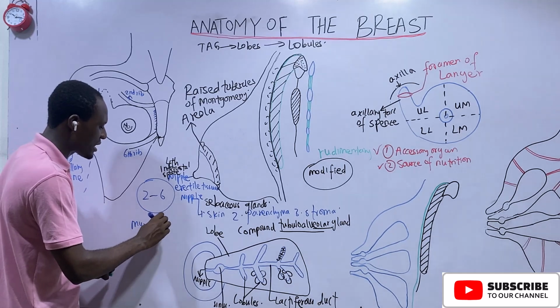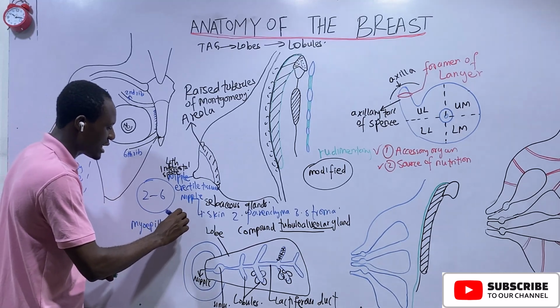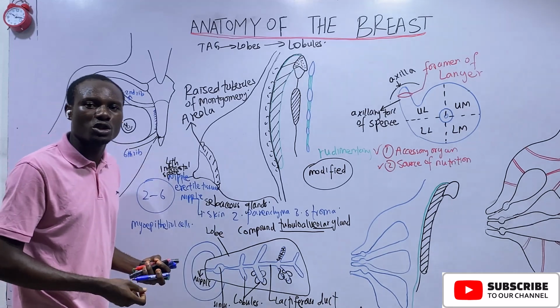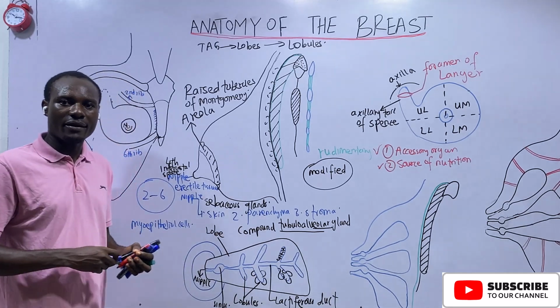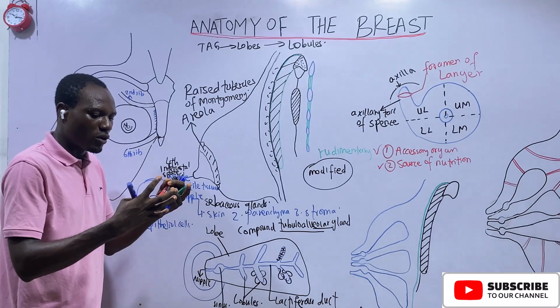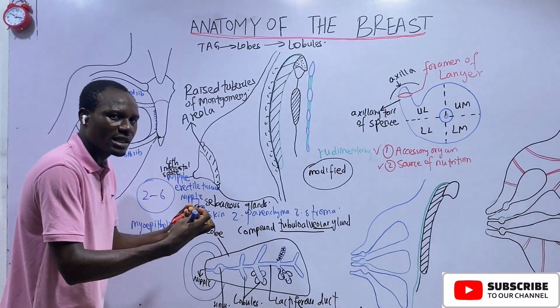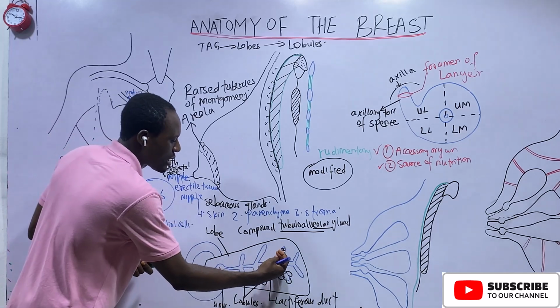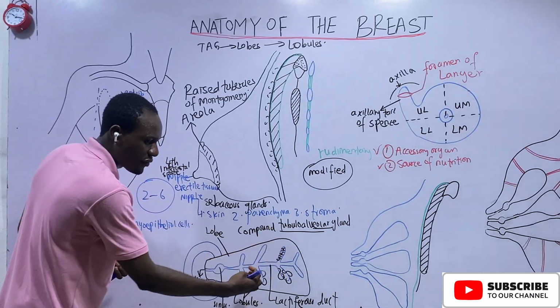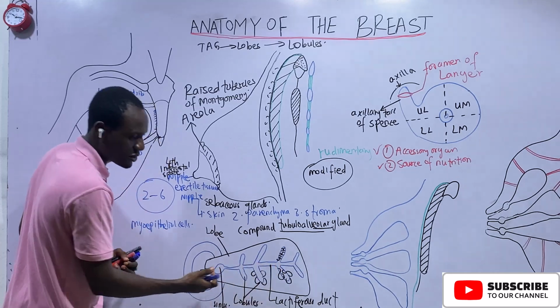So the myoepithelial cells that surround the secretory portion of the breast, or the alveoli, contract. Once they contract, they squeeze milk out from the alveolar cells, out of the lobules into the lactiferous duct.